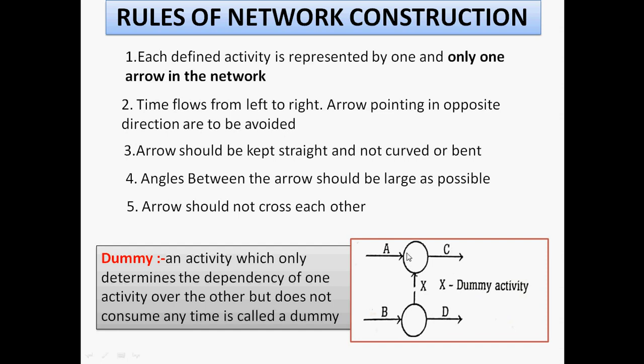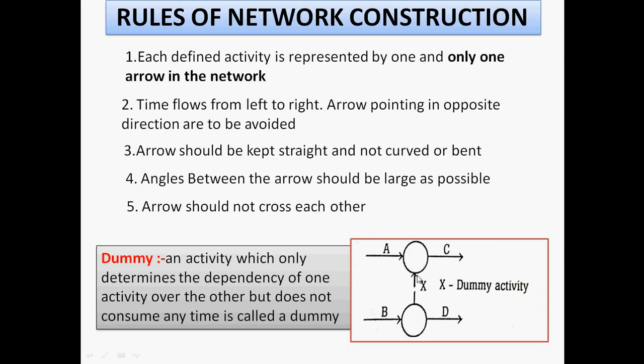So A is carried over here, B is carried by this one, that is a dummy arrow. So we can create it. This is the A and B combination, and then together they lead to the C activity. That is about the dummy activity.